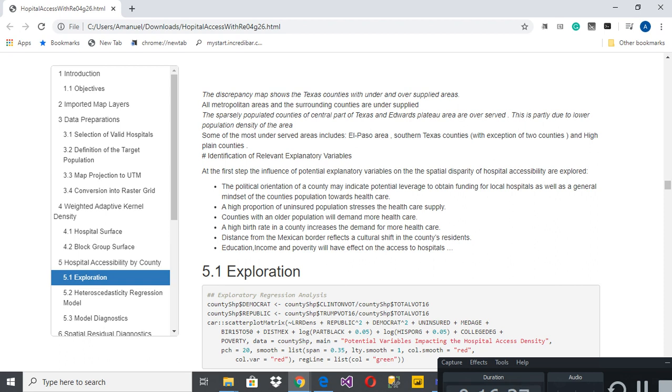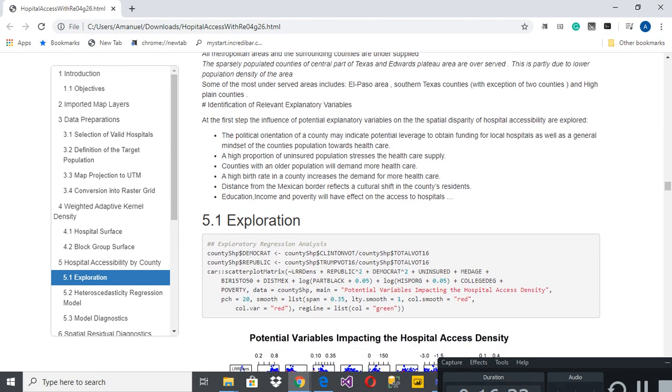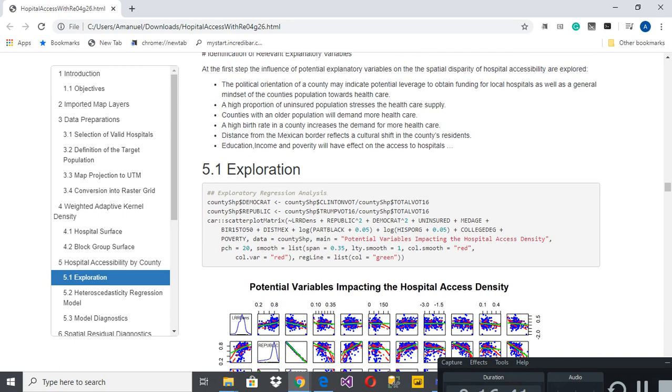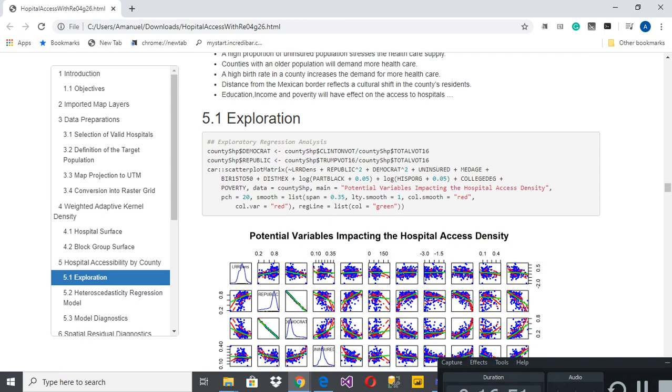Counties with an older population will demand more healthcare, as well as a high birth rate. If there is a high birth rate in a county, the demand for more healthcare is high. And distance from the Mexico border reflects some cultural shift, and also education, income, and poverty will affect the access.